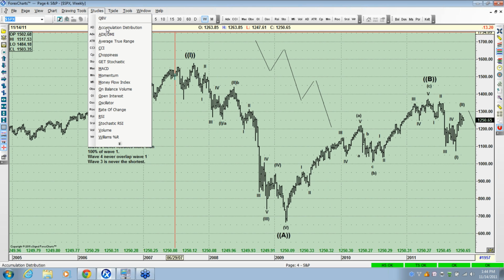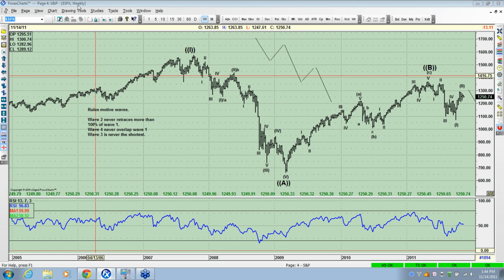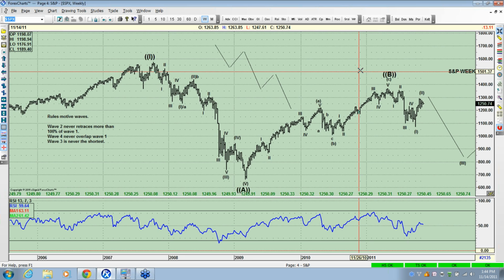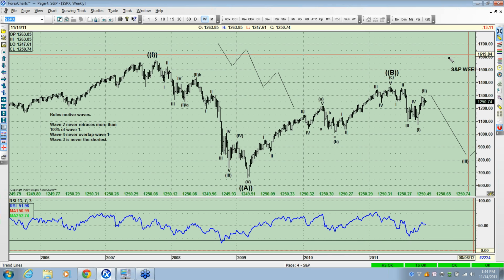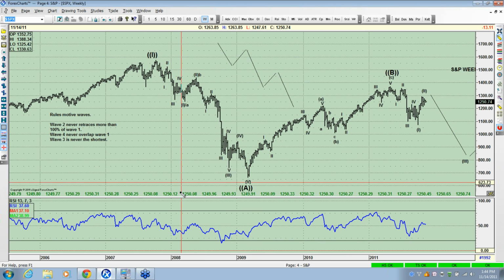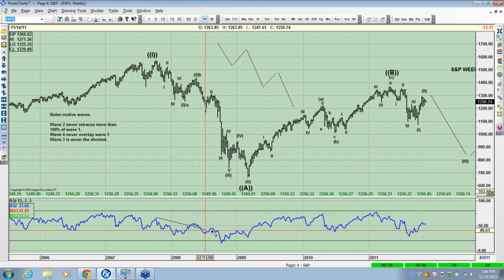This is the Relative Strength Index right here on the S&P. You see that in the 5-wave swing that started here and ended right here, most of the time the wave 3 of 3 has the biggest momentum.